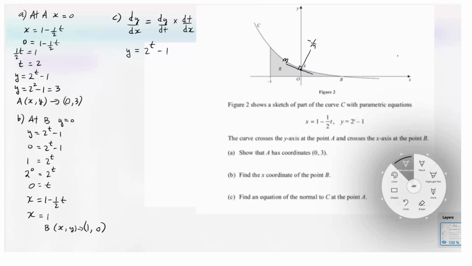So how do we differentiate this exponential function? Well, let's add 1 both sides. So we have y plus 1 equals 2 to the t. Let us take the natural logs both sides. Therefore, the t here can be written as the product of the log.